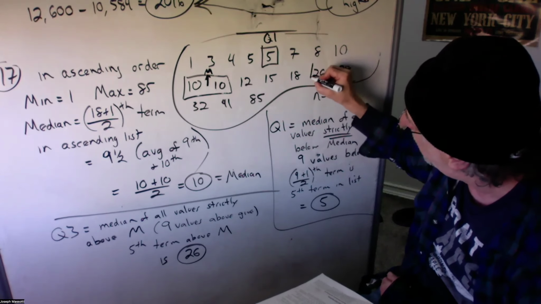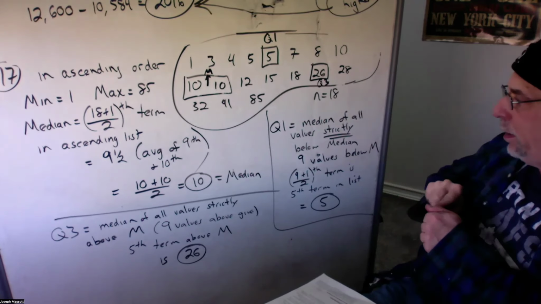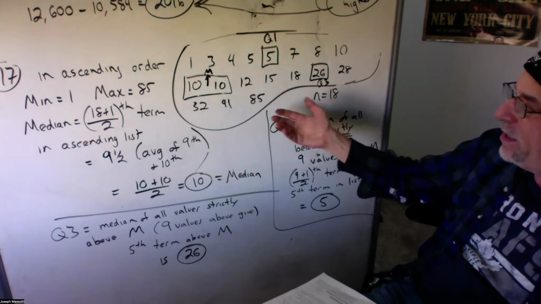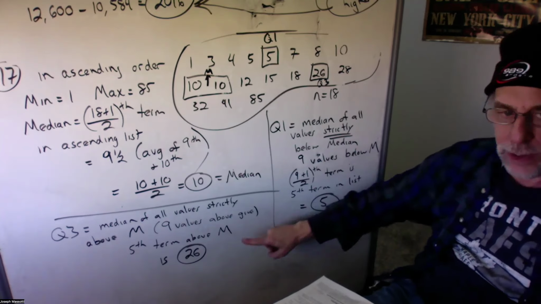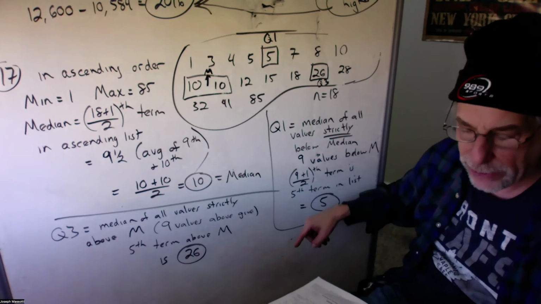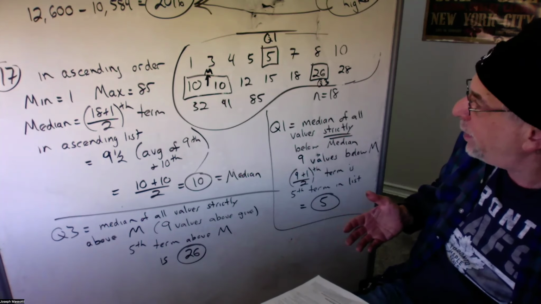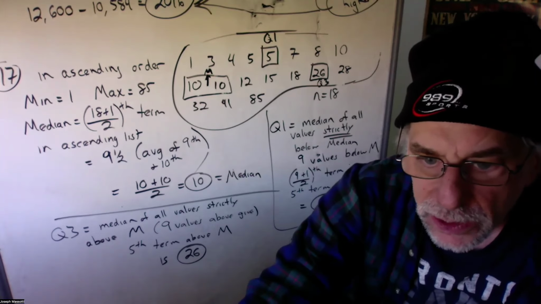So this is going to be our third quartile. All right, so that's how you find the median. This is the 50th percentile. This is the 25th percentile. And this is the 75th percentile. All right, and you can put those into the calculator and find those also. Let's do that.